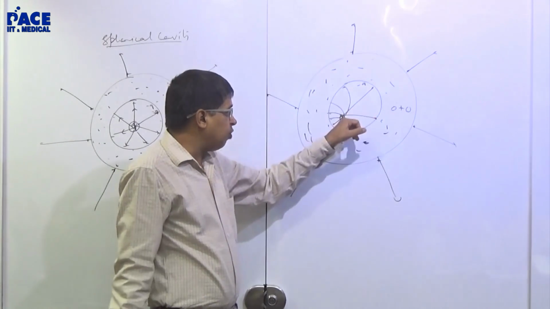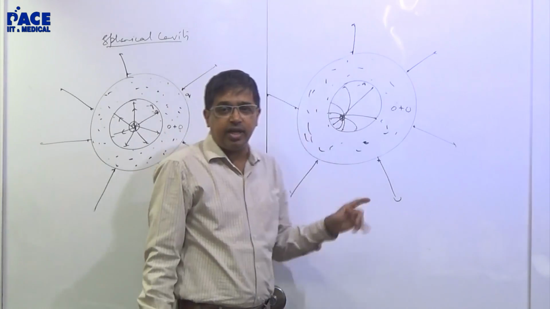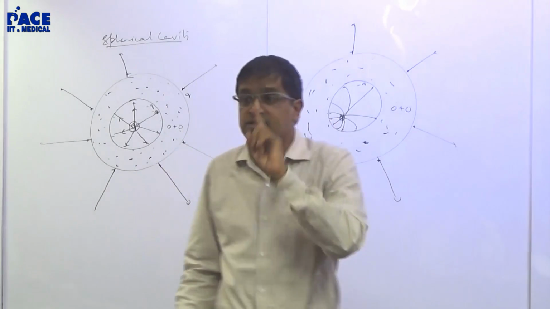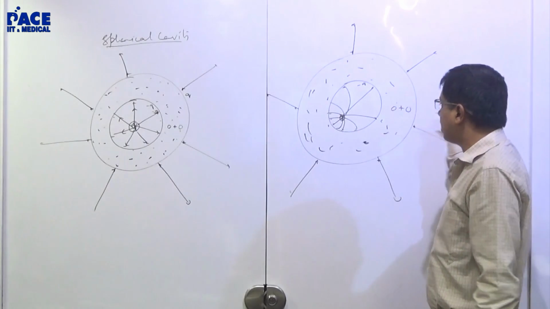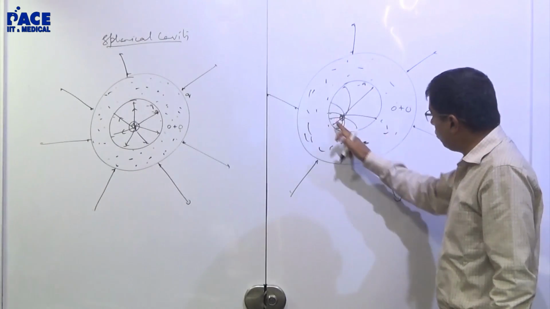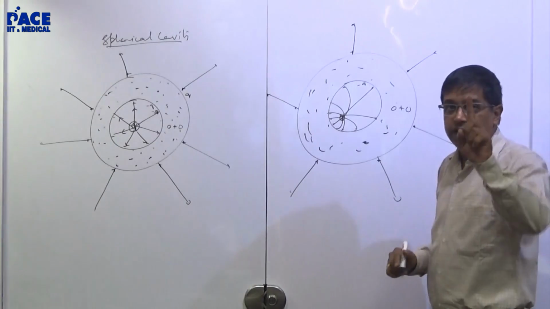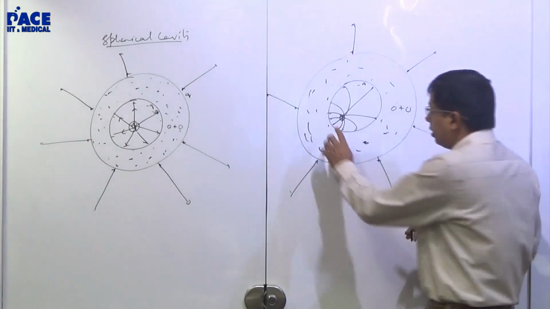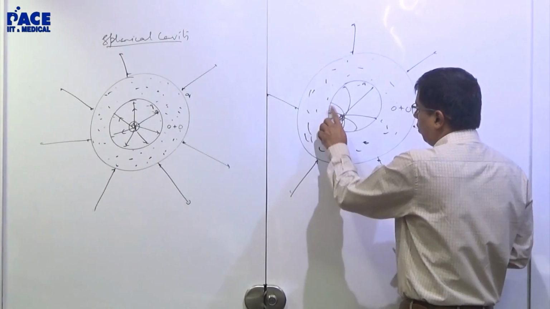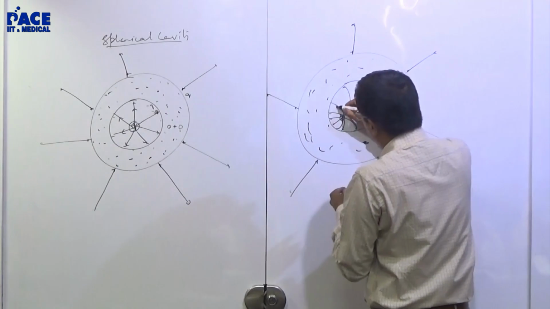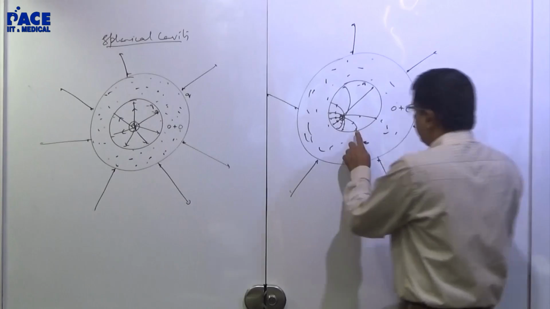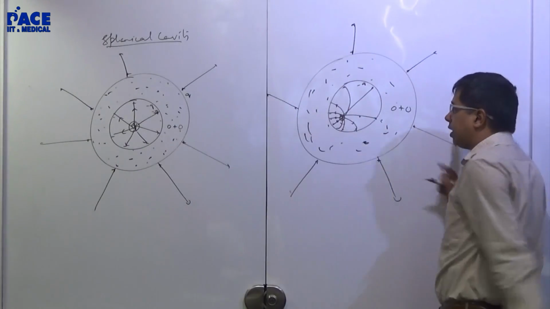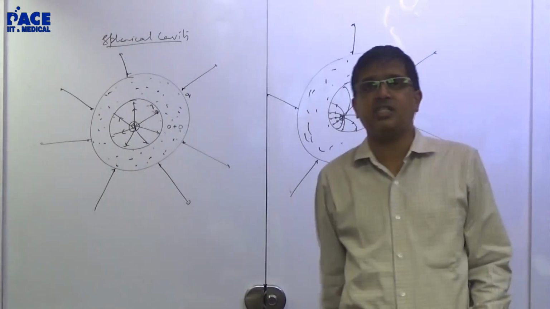If I disturb Q from the center, the negative charge on the inner side will redistribute such that it should cancel out the effect of Q for any external point. So minus Q will get redistributed. While redistributing, remember one thing. These negative charges will redistribute such that the electric lines of force intercept the surface perpendicularly, because the metal is an equipotential surface.